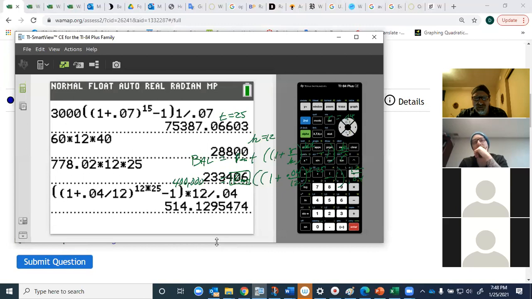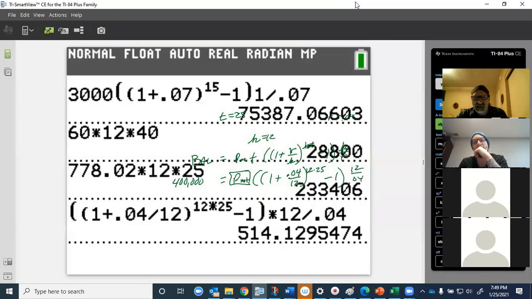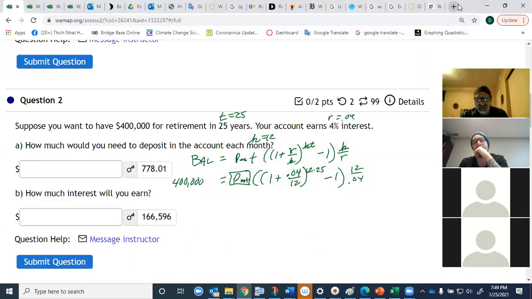So there's that number, 514,129. This is 400,000 equals the payment, which we haven't figured out yet, times this number, which turned out to be 514 point whatever, right?